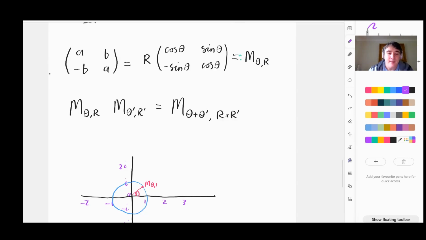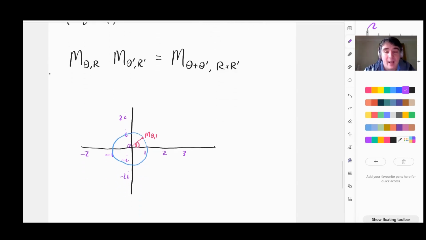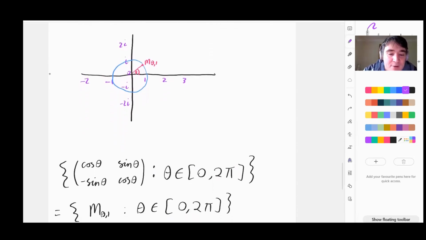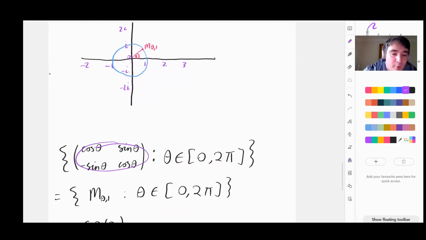And so this really gives us a very lovely substructure here that we can look at, and it's sometimes called the circle group. Okay, so the point here is that we can consider matrices of this form. These are matrices that are representing complex numbers, but here that capital R is equal to 1.